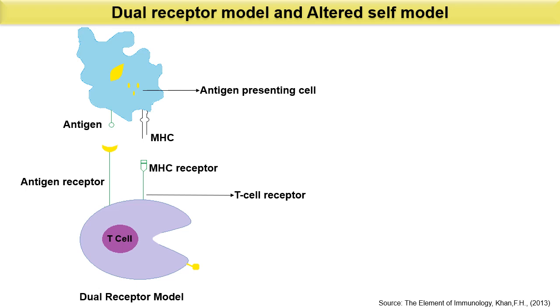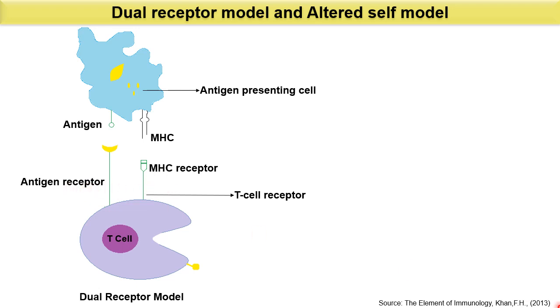From this we can understand that antigen and MHC molecules are recognized separately and by separate receptors, like this one is a receptor and this one is another receptor. They are both separated. Two receptors are there.